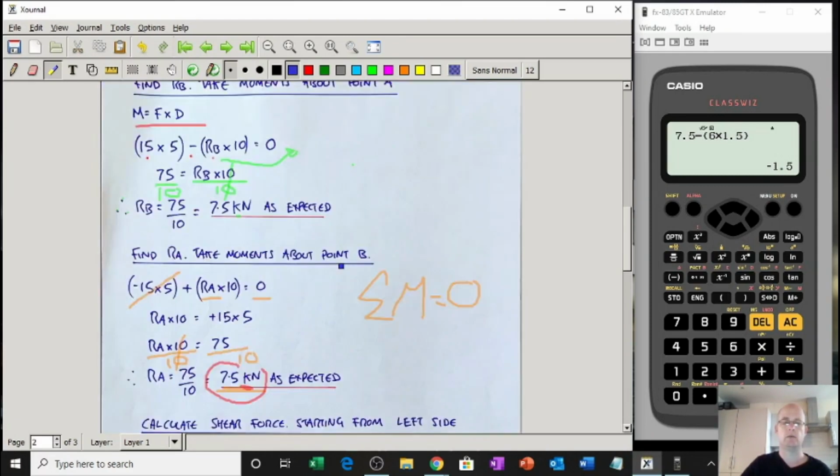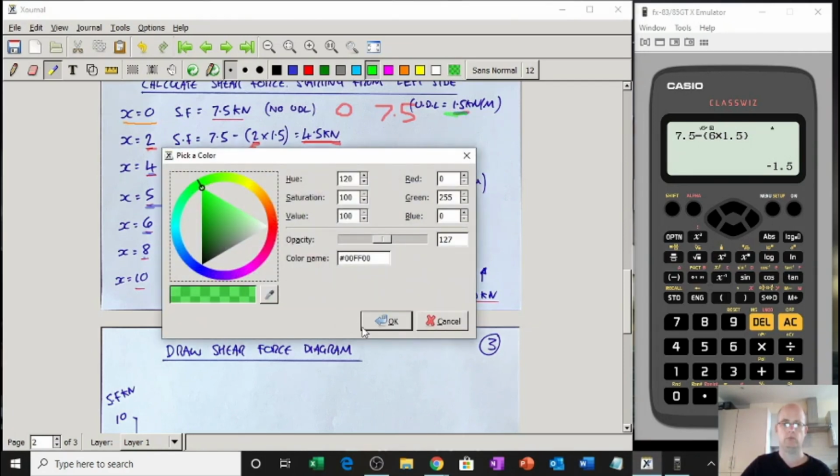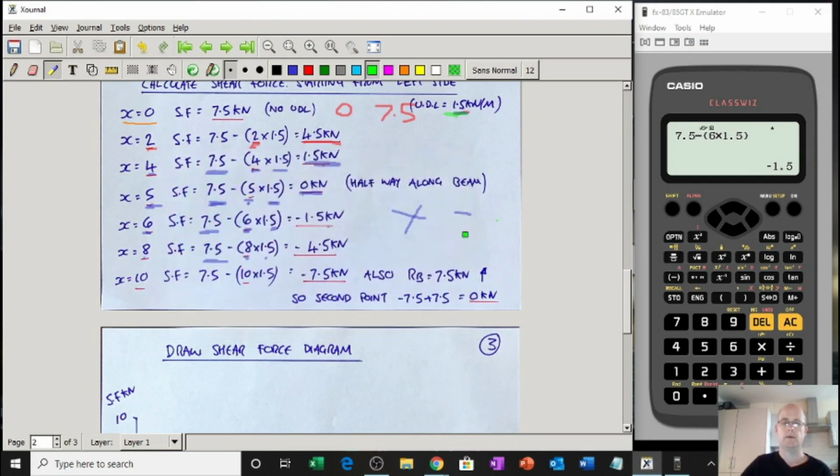The UDL is 1.5, and we've got 8 meters worth of it. Very symmetrical now, look. So 7.5 take away 8 times 1.5 gives me minus 4.5 kilonewtons.